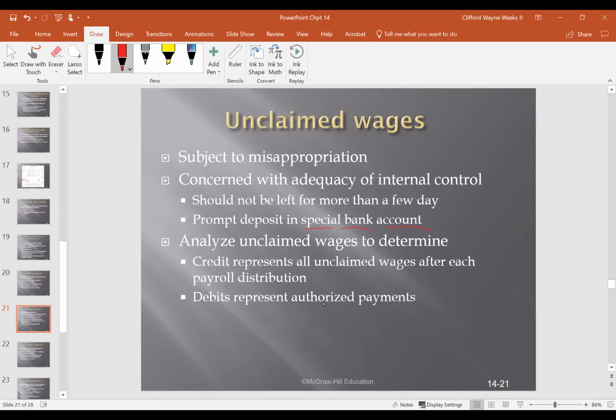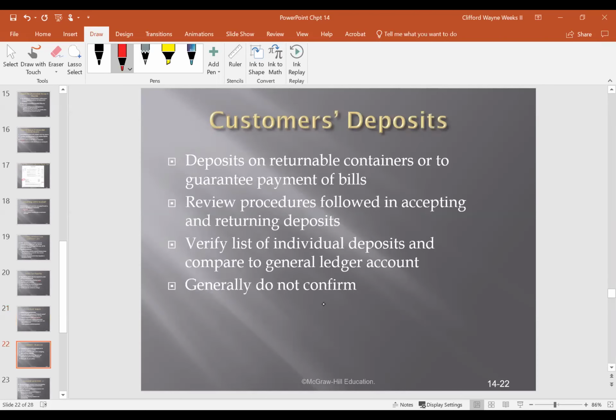You want to keep it separate. Analyze unclaimed wages to determine that credits represent all unclaimed wages after each payroll distribution, and debits represent authorized payments. A lot of times this is all handled by ADP or some sort of payroll service, and that's really why we don't spend that much time on payroll.